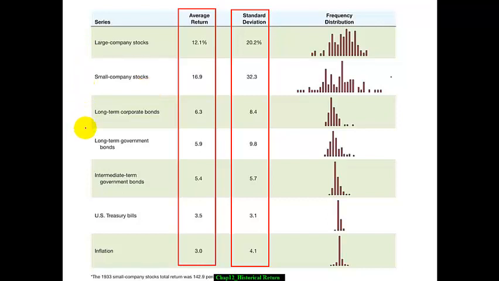We picked 7 categories: large company stock, small company stock, long-term corporate bonds, long-term government bonds, intermediate-term government bonds, U.S. Treasury bills, and inflation. We summarize two measures. One is average returns, the other is standard deviation, the risk measure. We will come back to these later after we discuss how we compute each of these measures.